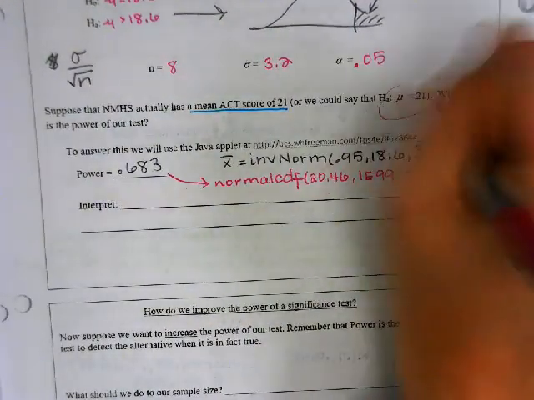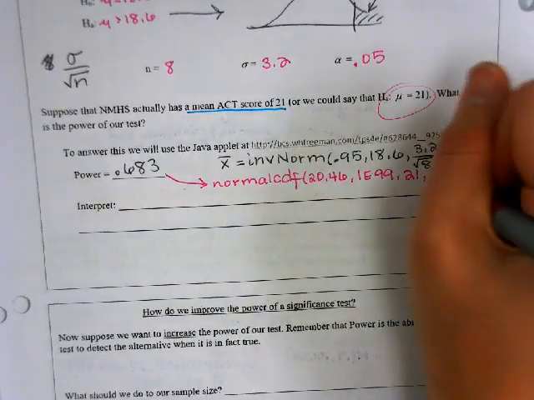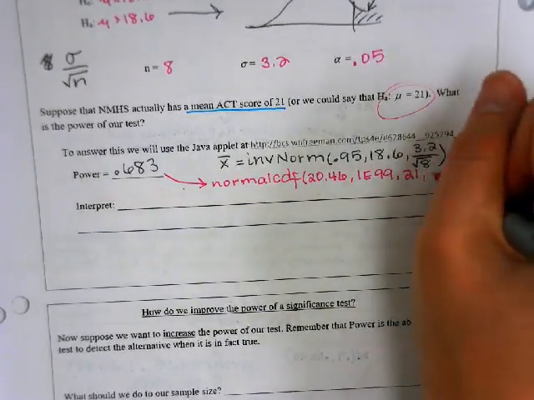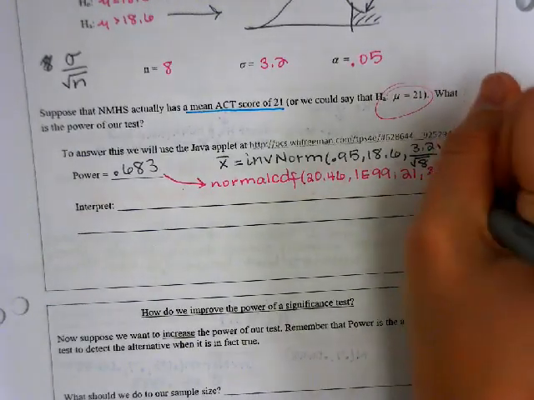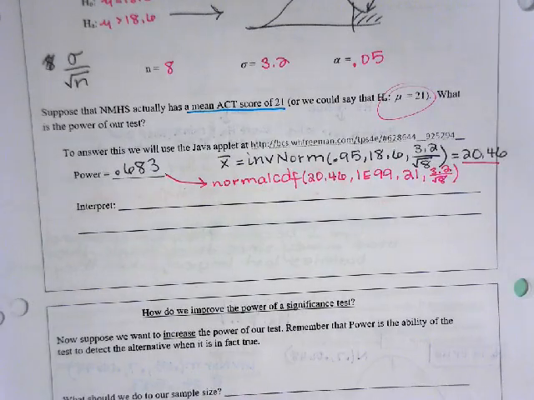Now, you will need to be able to interpret power. Power just tells us the probability that we correctly identify the alternative.